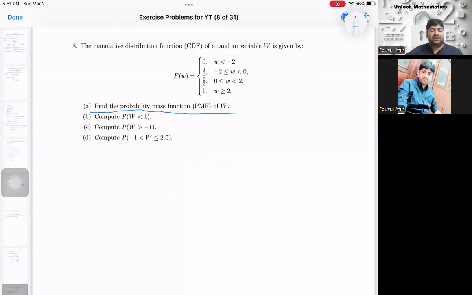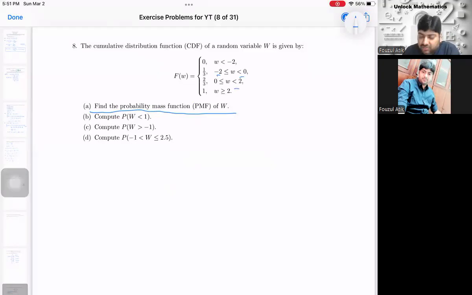Now if you remember in our lecture, we understood how to find the probability mass function. Here this CDF is given. We have seen that the probability mass function of W is obtained by finding the difference in the CDF at the jump points. Now what are the jump points? They are -2, 0, then 2.